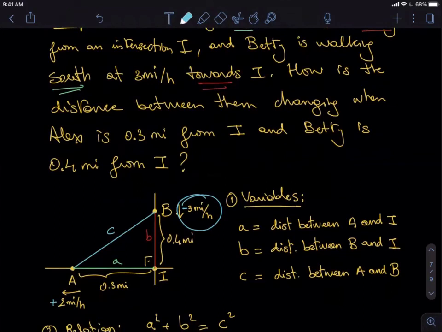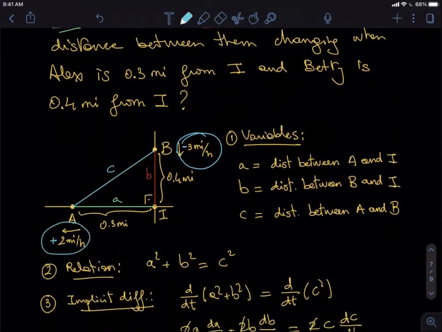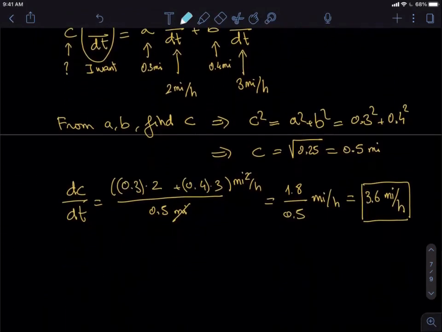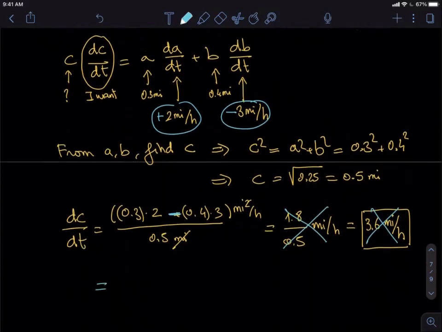So the problem is done just the same, but I need to go back to the very end and see what changes I need to make. So this is positive and this is negative here. So we have 0.6 minus 1.2 divided by 0.5, and that is in miles an hour.